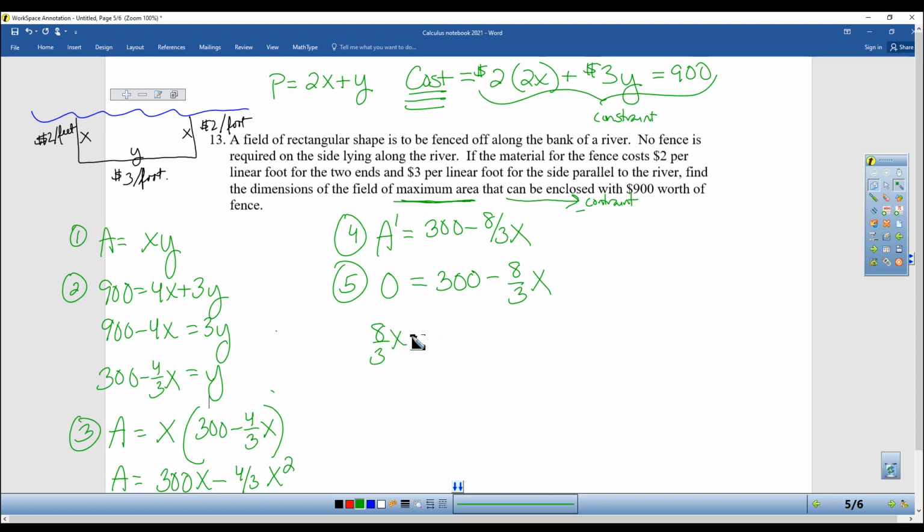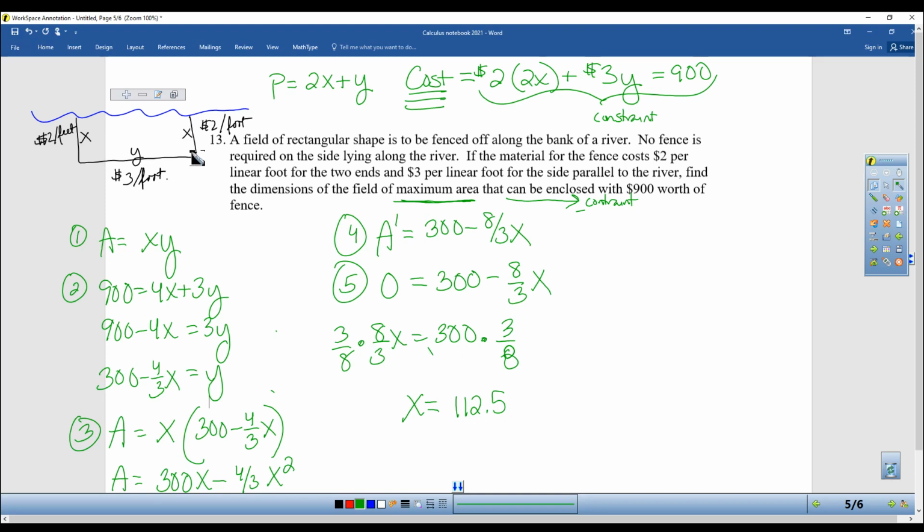So 8/3 x is equal to 300. Times 3/8 on both sides. So 300 divided by 8 is equal to 37.5. So x is equal to times 3, 112.5. And what did that find us?